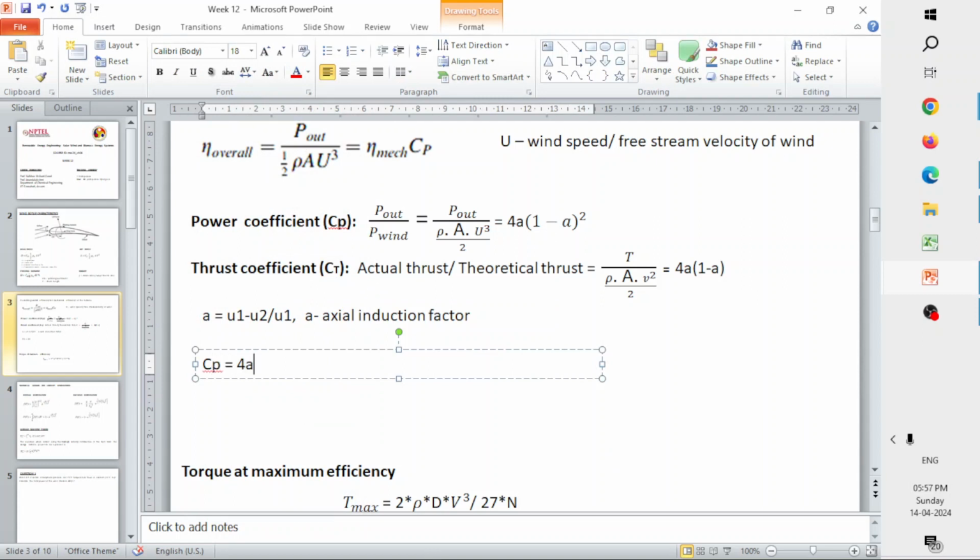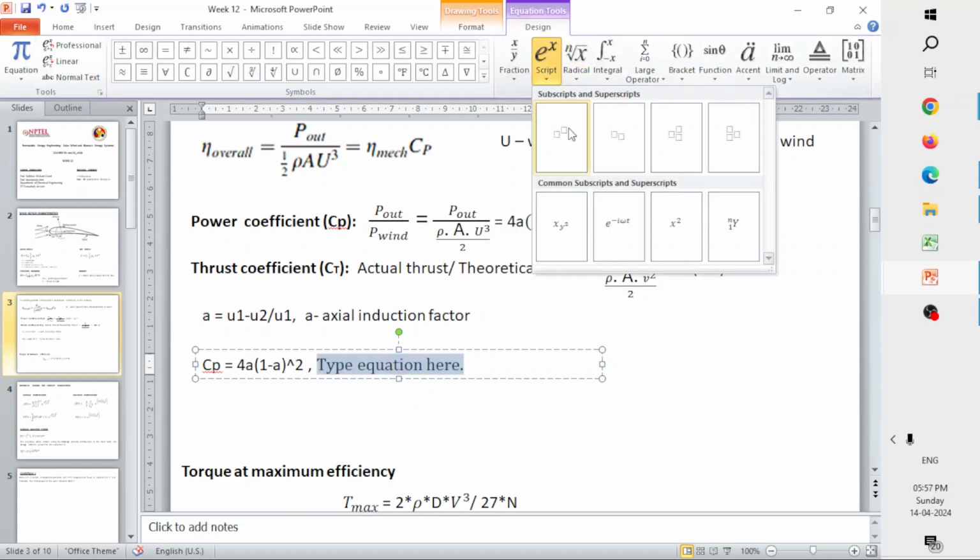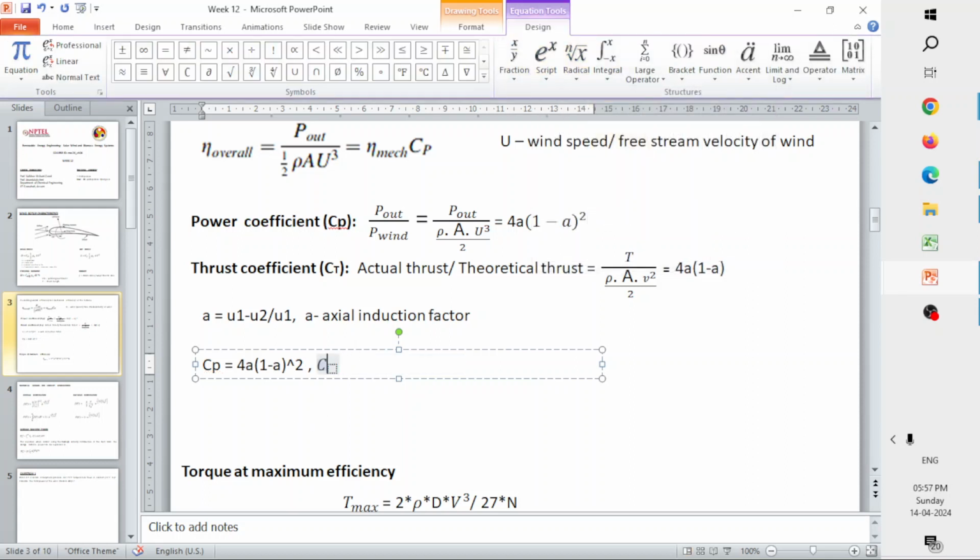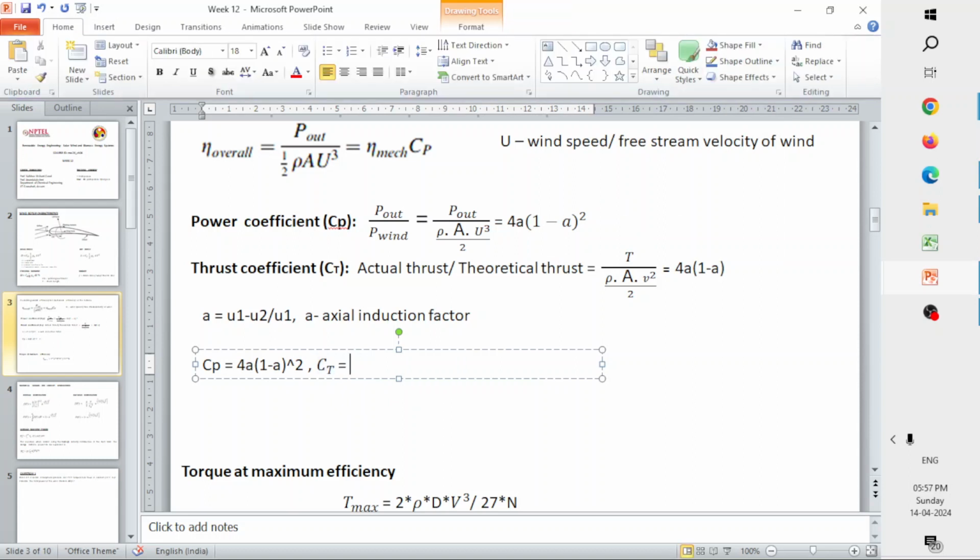Cp is 4a times (1 minus a) the whole square, and Ct, that is your thrust coefficient, can be expressed as 4a times (1 minus a).